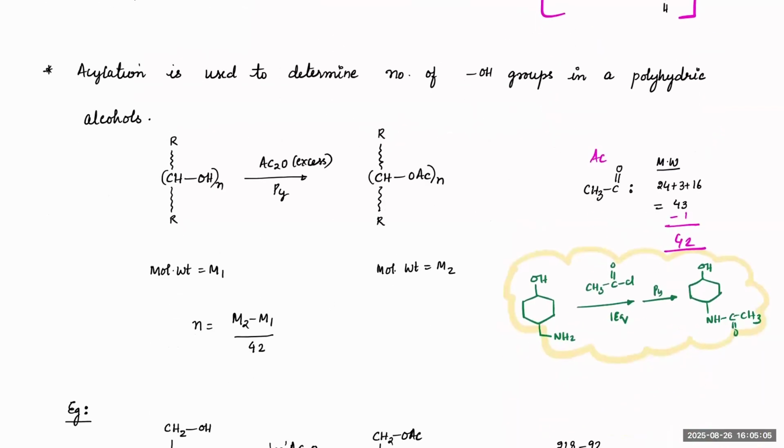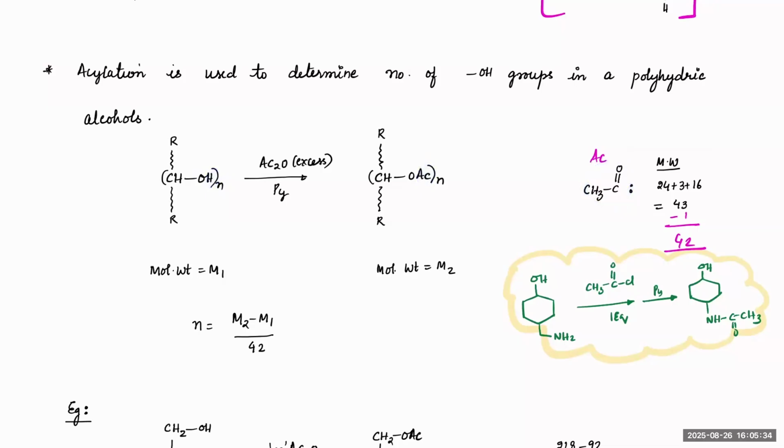For example, especially in sugars like glucose, sucrose, fructose, starch, we will have a lot of OH groups. If I want to know how many OH groups are present in a particular sugar, let's say it has n number of OH groups, then I will react it with excess anhydride. So all the hydrogens here will be replaced by Ac. Ac is CH3C=O.